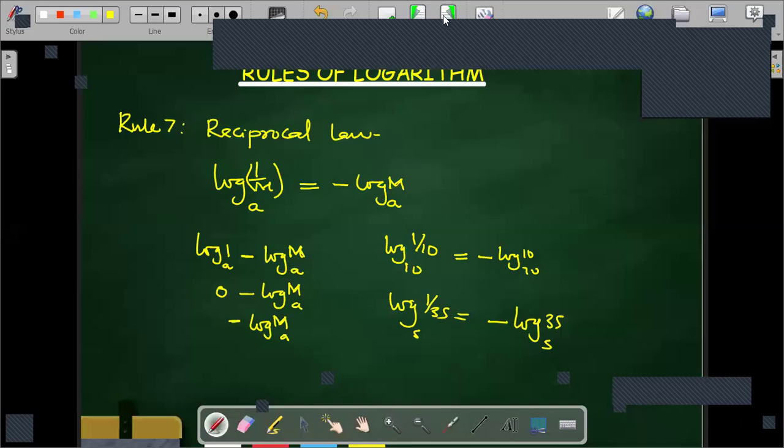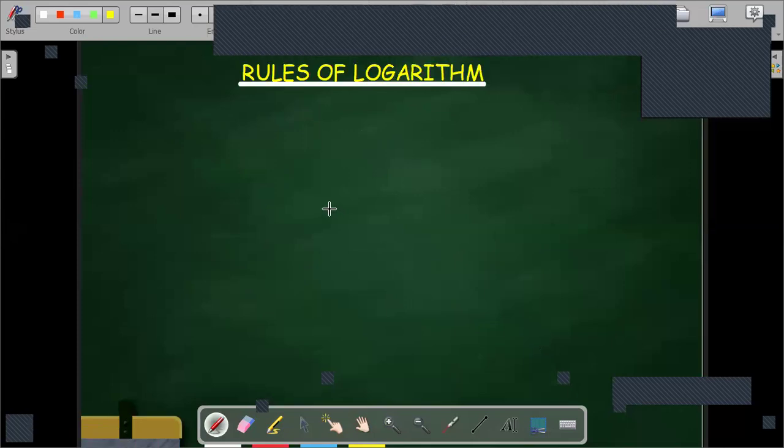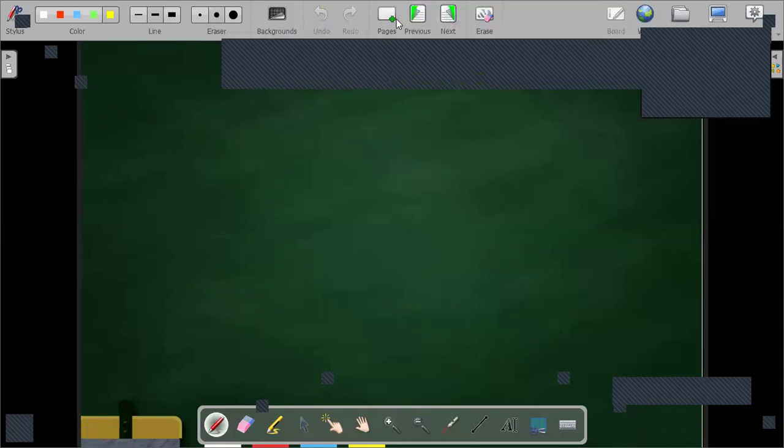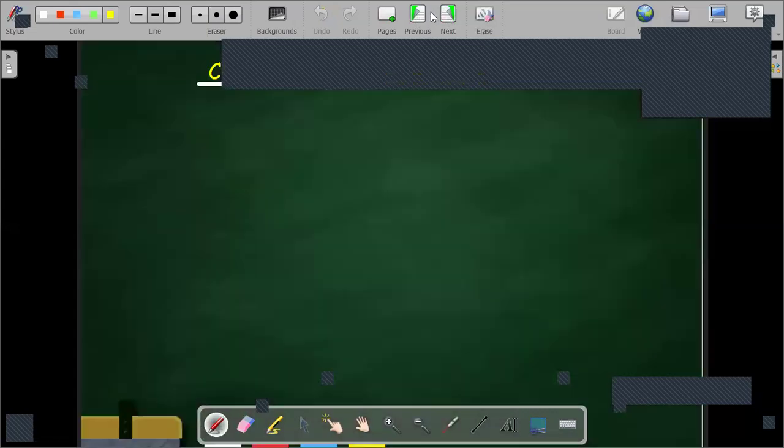So let's look at the next law. Let's look at the equality law. Call that rule number 8. Rule number 8, we call the equality rule.